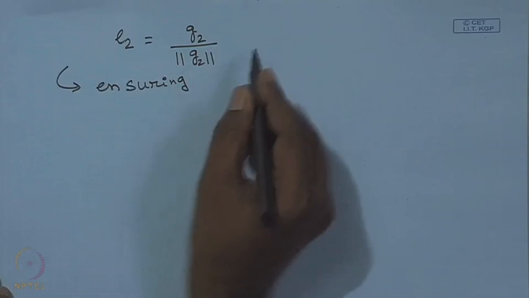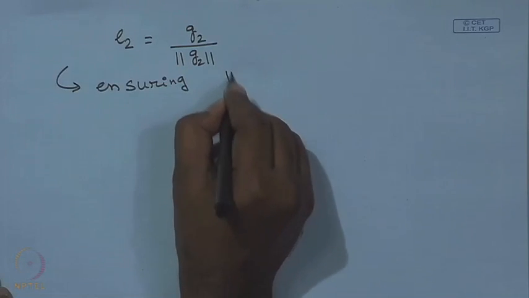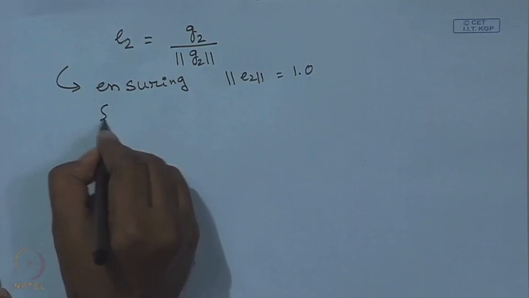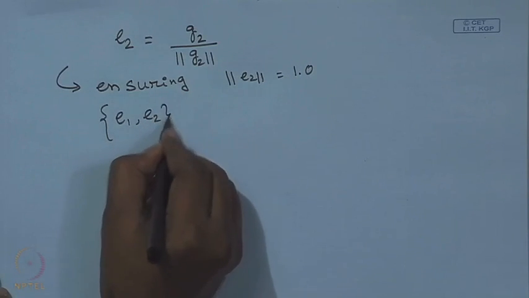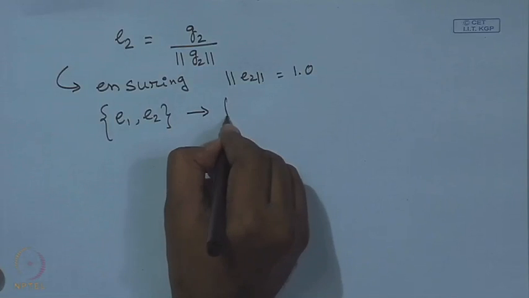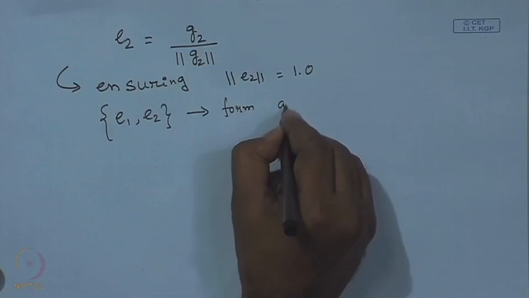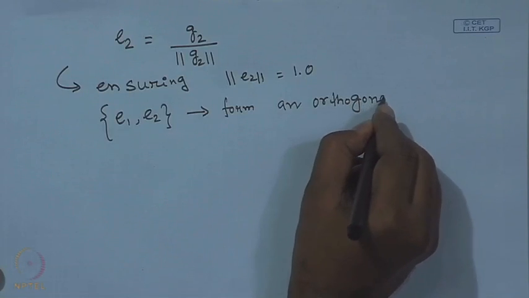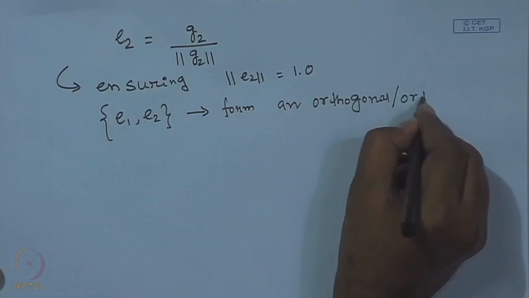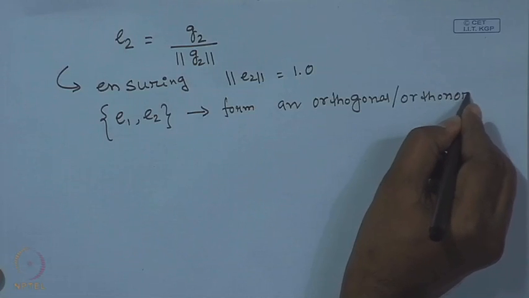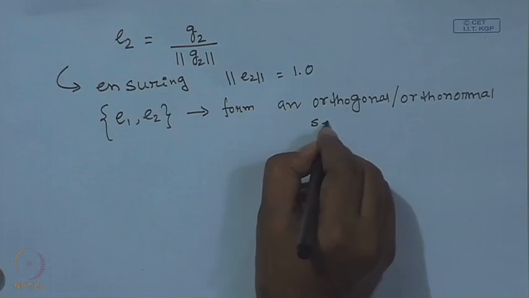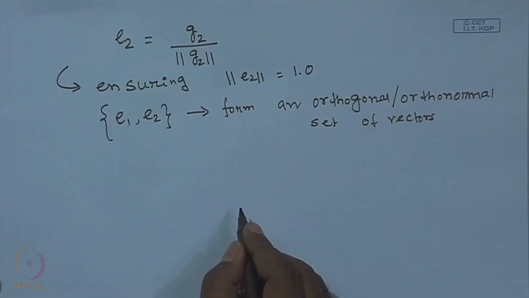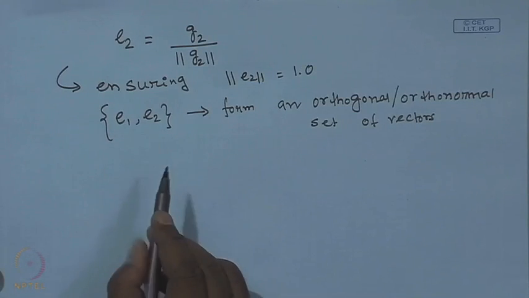We are doing this to ensure the norm of E2 is equal to 1. So, now E1 and E2 constitute an orthogonal and at the same time orthonormal set of vectors.